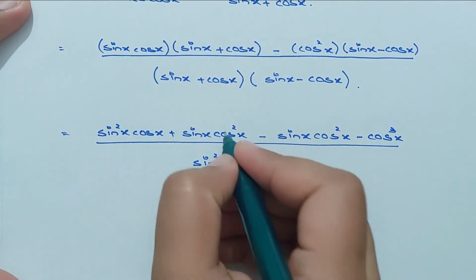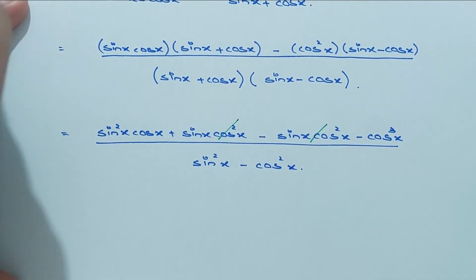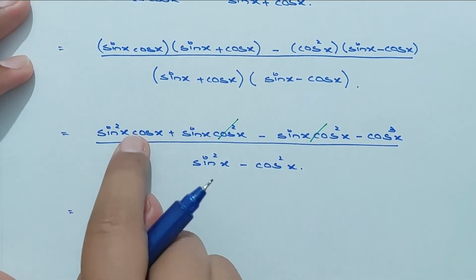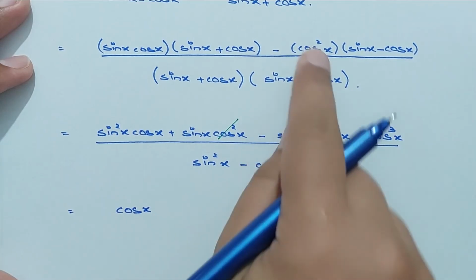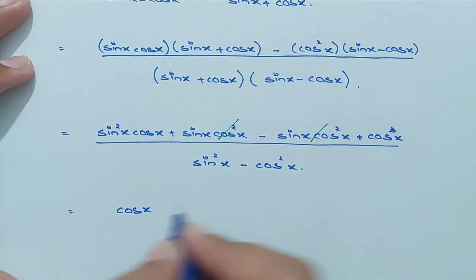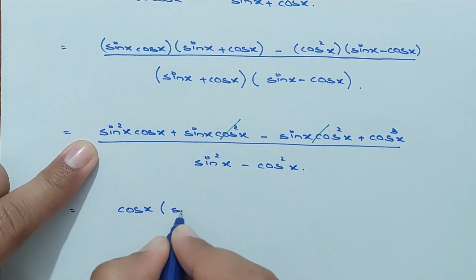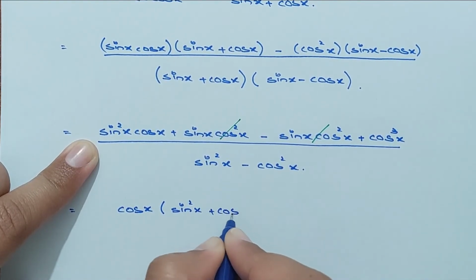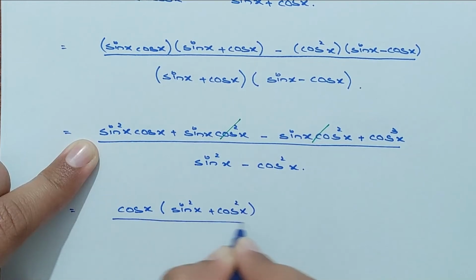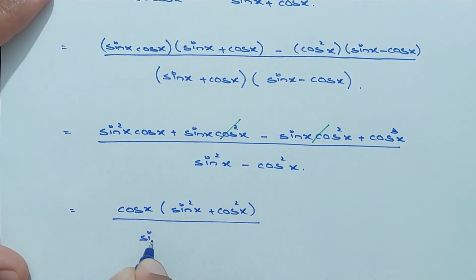So sin x cos square x with the plus minus is cancelled. We can say cos is common, taking cos x common. So negative times negative, this is positive, sorry. So cos is common from here. We are left with sin square of x plus cos square of x over sin square minus cos square.